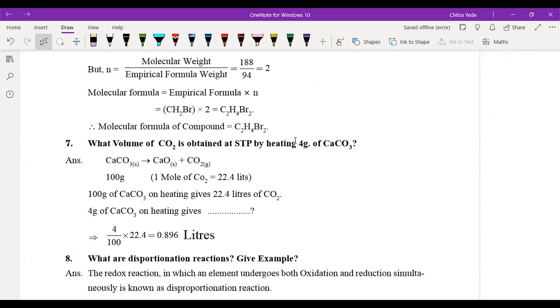Okay, so now we will calculate the volume for gases at STP, meaning standard temperature and pressure.